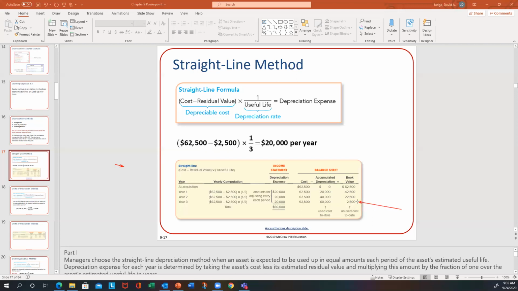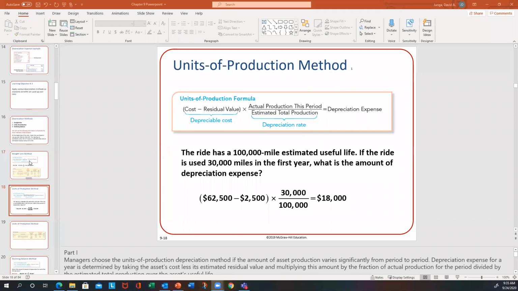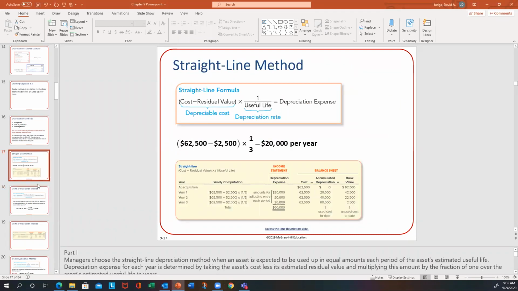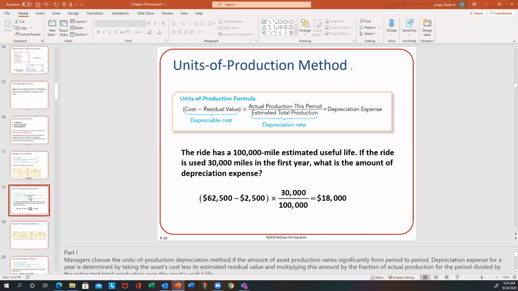So the residual value is $2,500, and following this formula, you will get a book value right at $2,500 at the end of its useful life. And all the methods will attain that estimated residual value of $2,500.